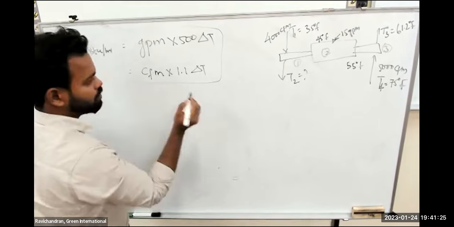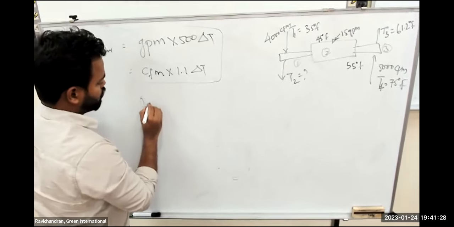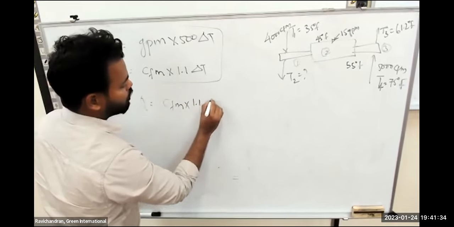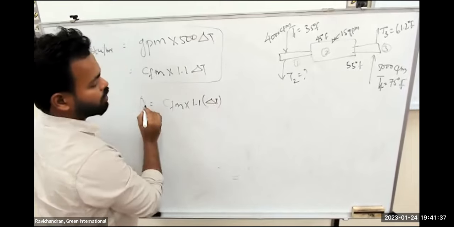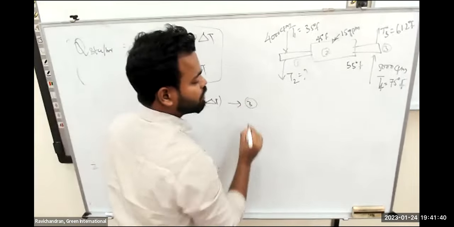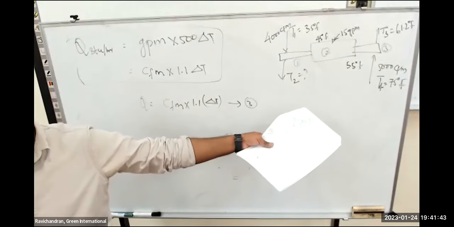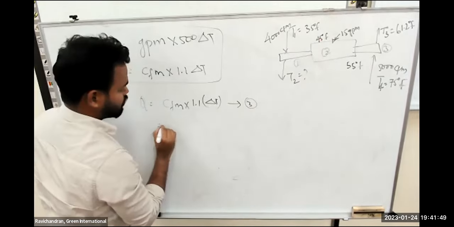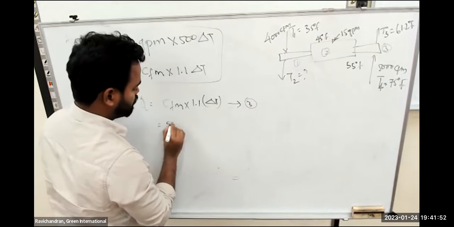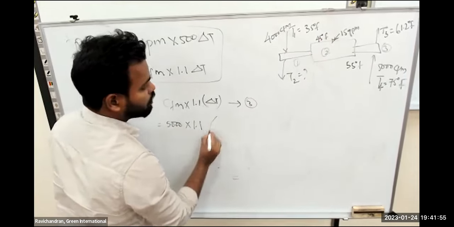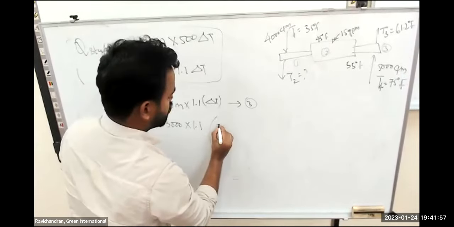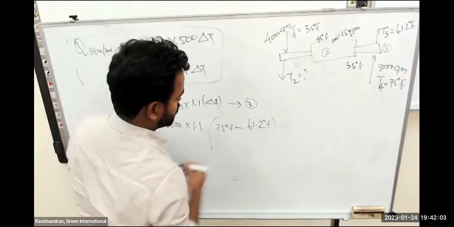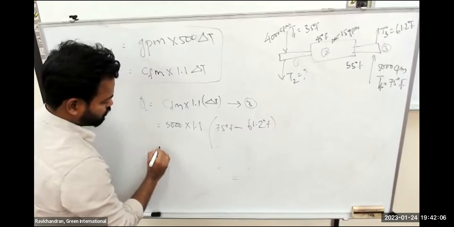So first let's find out what Q is. Q is equal to CFM times 1.1 times delta T. Let's take section 3. You can try with section 2 with GPM as well; the answer will be the same. I'm taking section 3. CFM given is 5000 CFM times 1.1 times delta T, 75 degrees Fahrenheit minus 61.2 degrees Fahrenheit.